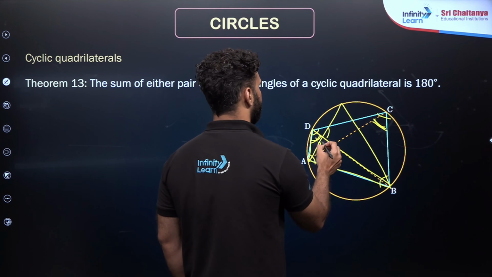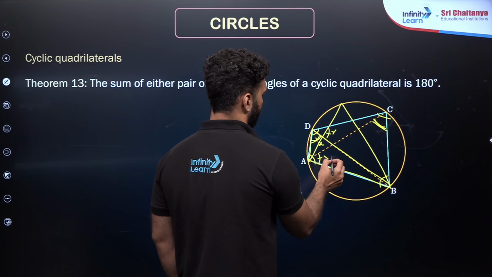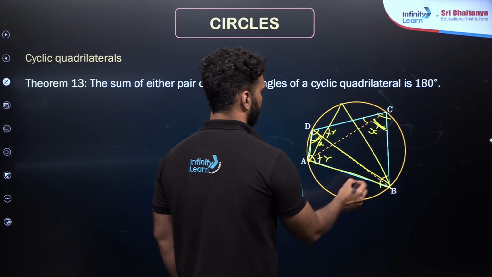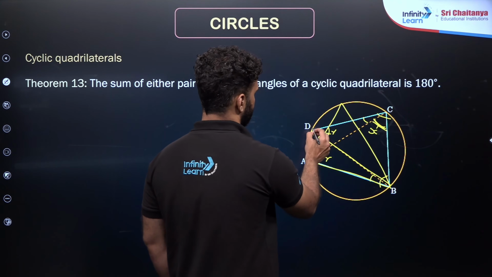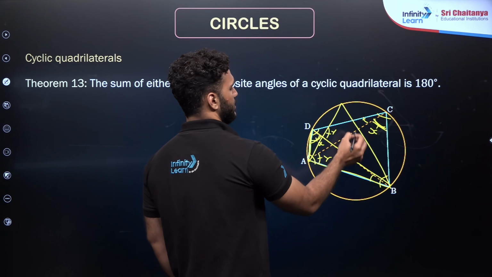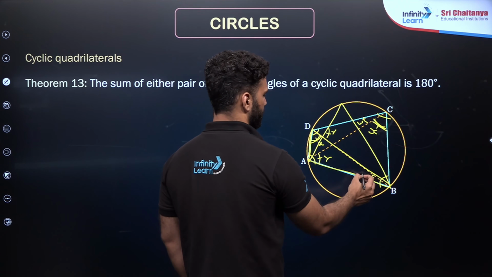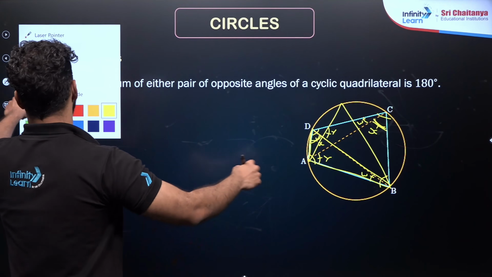So if this is x and this is y, then this must be what? Y, and this must be what? X. Now what about these two angles? They will also be equal. Why? Because they are subtended by this. So this angle and this angle must be equal. Let's say this is W, then this must be W. So that's how you can prove these angles equal.